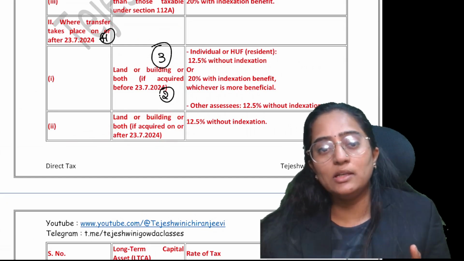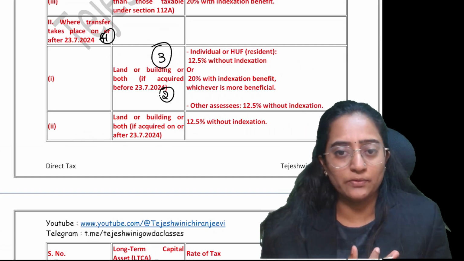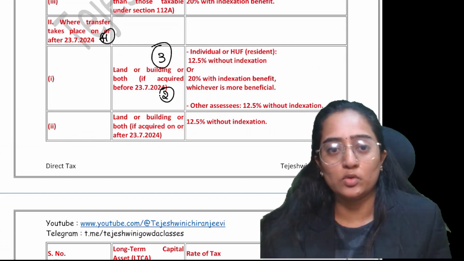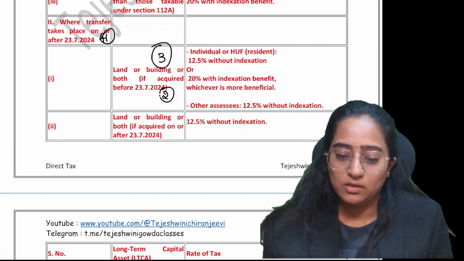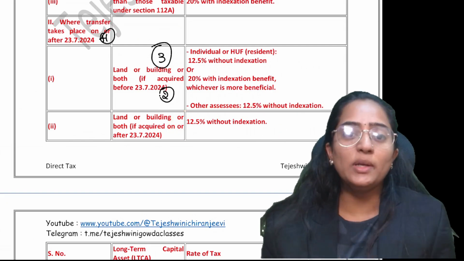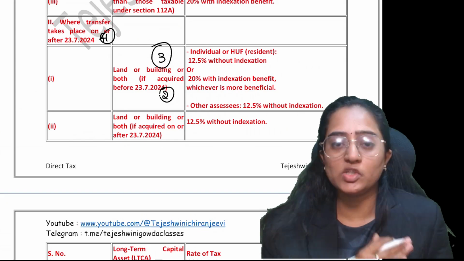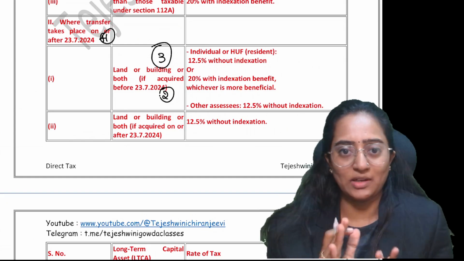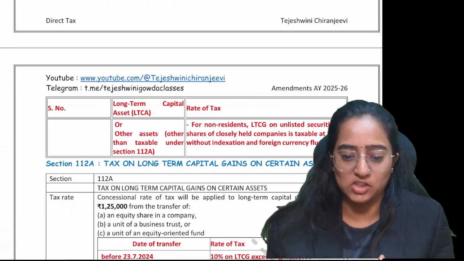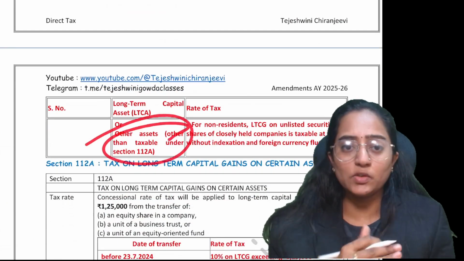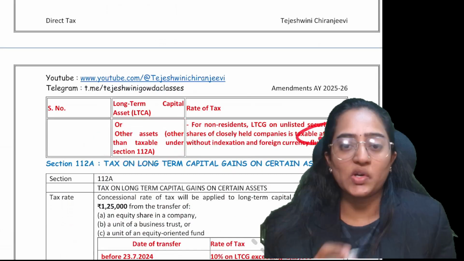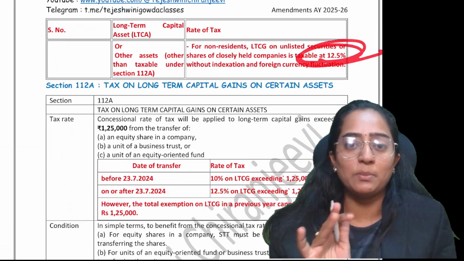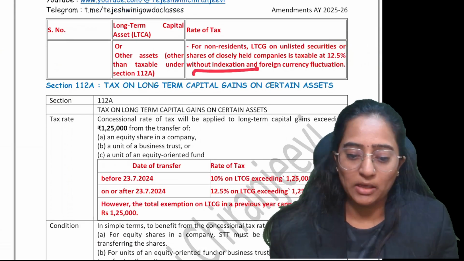Suppose you purchased it in September 2024 and sold it in October 2024. Remember one thing, it is going to be 12.5% only without indexation. You don't have any other option. You don't have the option of 12.5% without indexation or 20% with indexation. In case of any other assets, you have straight 12.5% without indexation benefit only.